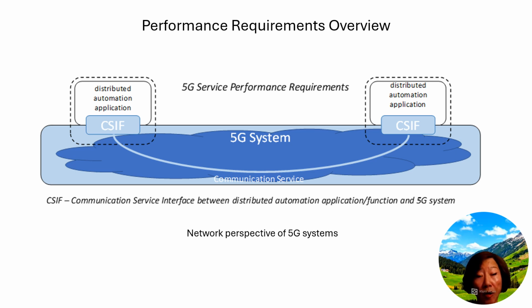And the future is here. 5G is being used everywhere these days, and implementations have already taken place. Details of the requirements are not in this presentation, so if you need to implement any of these concepts, you need to go back to the specification and look at those actual clauses and requirements in detail.